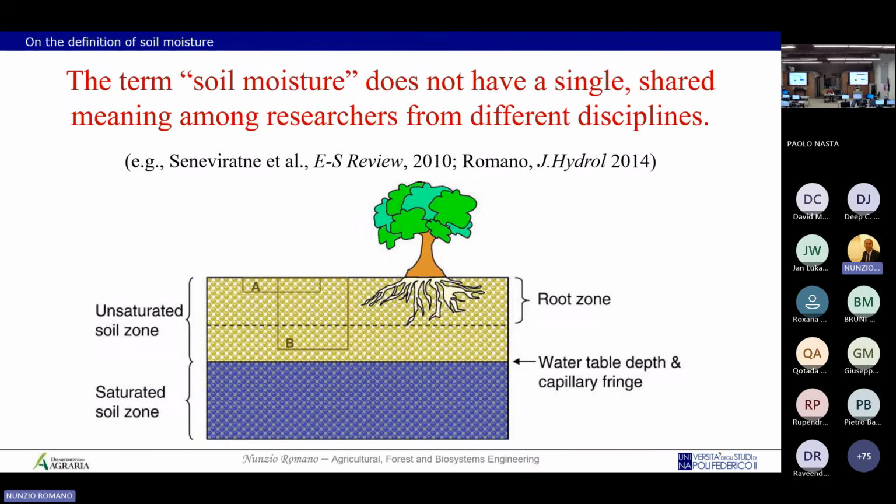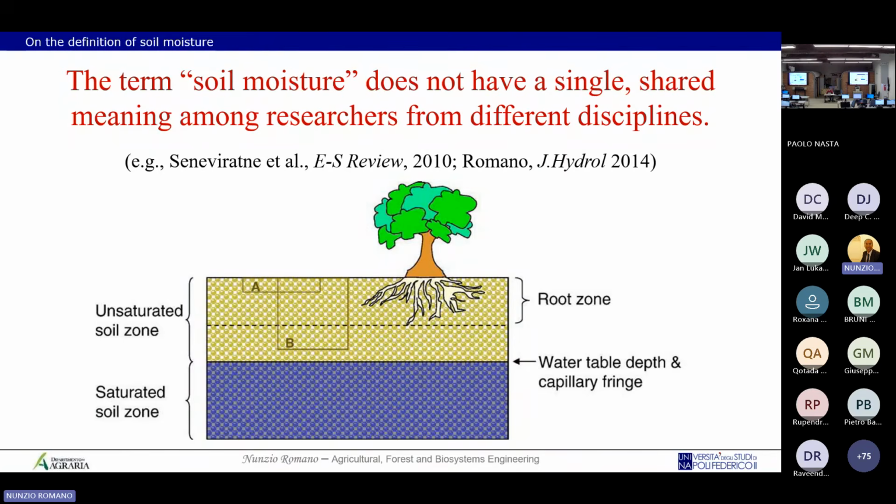And this slide is something that we can discuss, because you can read in the papers that sometimes people use soil water content, but you usually find even the term soil moisture. So what is the difference? I also try to discuss what we read in scientific papers.